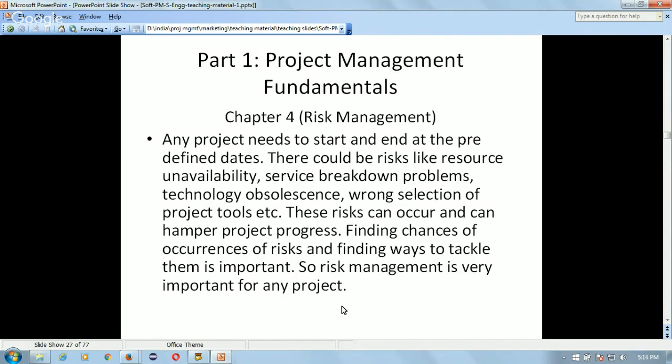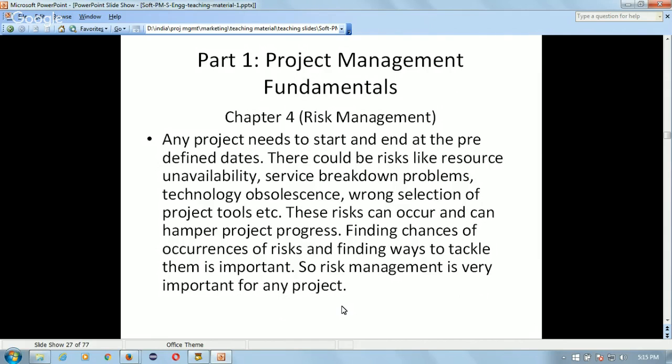So to ensure that all these project tasks get completed in time, you need to maintain a lot of things, and you have to keep an eye on any risk which can occur on the project. Due to this risk, some of the tasks may not get completed in time.